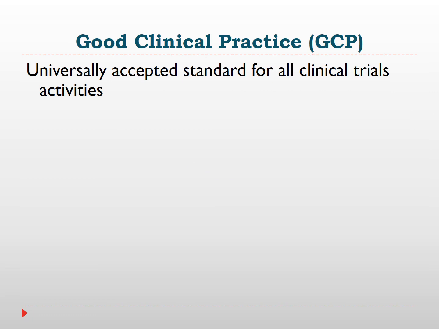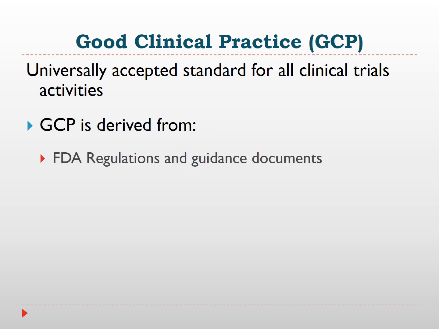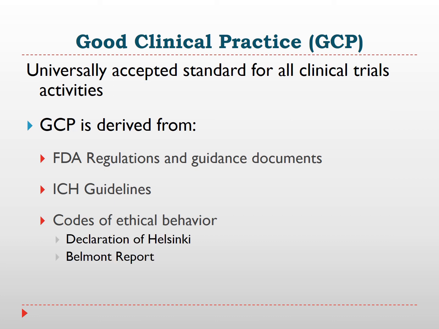So good clinical practice, which I just mentioned and which has a whole freestanding class, is a universally accepted standard for all clinical trial activities. It's derived from all of these. Think of GCP as a big umbrella. It's derived from the FDA regulations and guidance documents, the ICH guidelines, and the codes of ethical behavior I just mentioned, the Declaration of Helsinki and the Belmont Report.